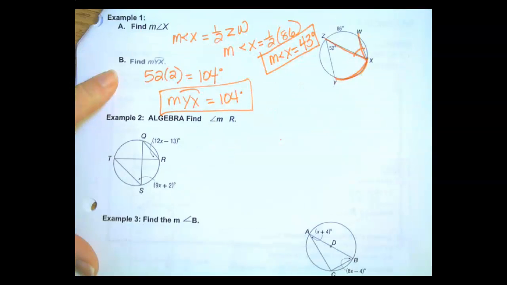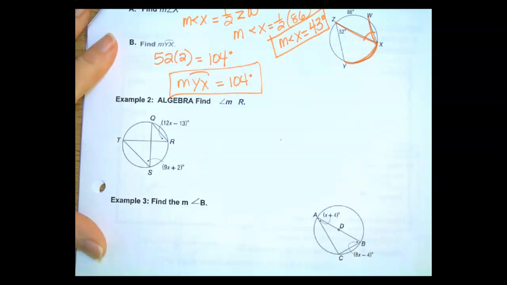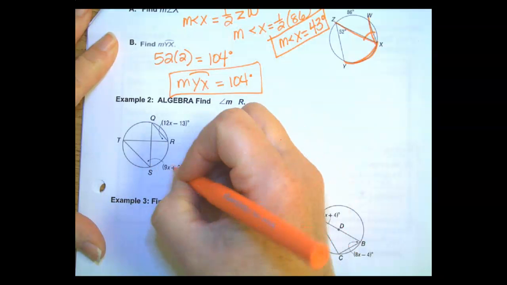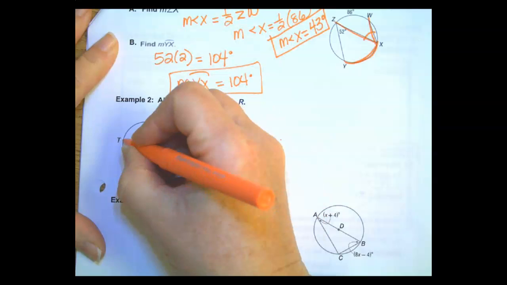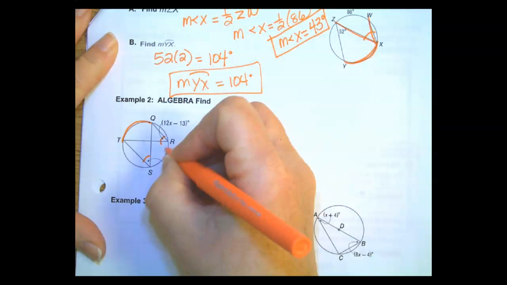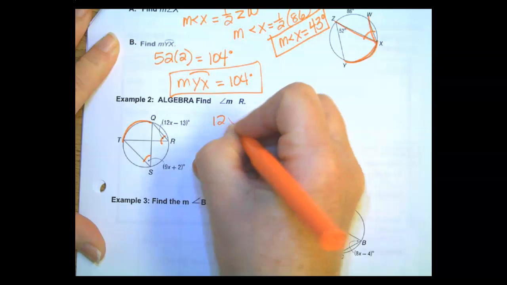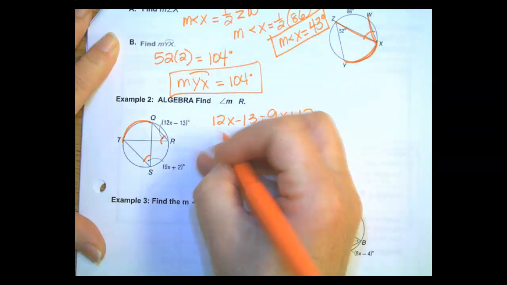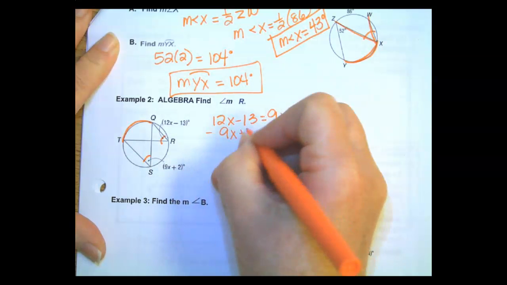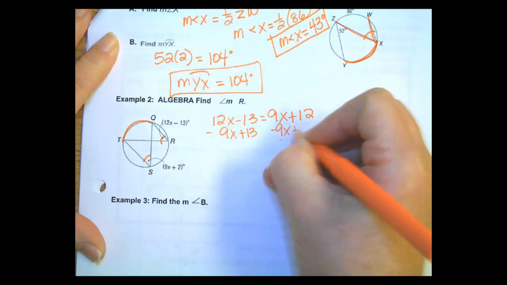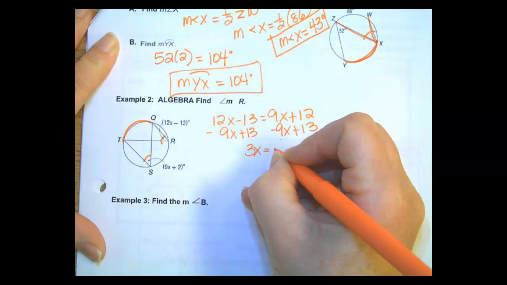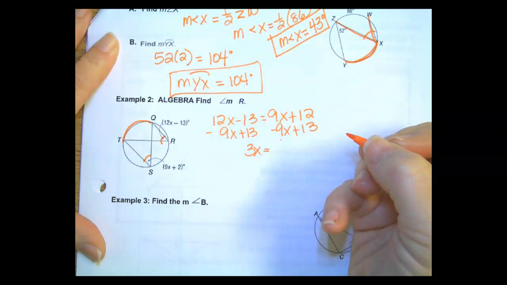All right, now we get a little more algebraic. We have the measure of R. What do we know about these two? They both share this, so that means these are congruent. So we'll set them equal to each other and solve.